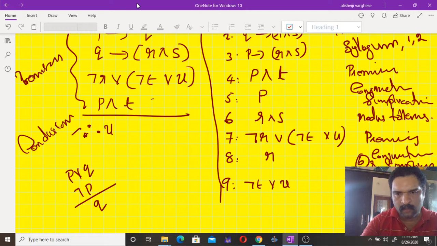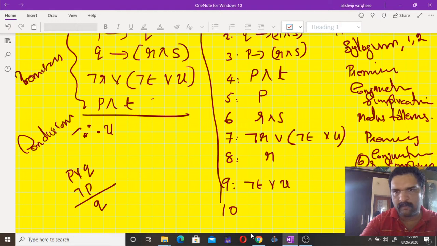So from statements 7 and 8, and using the disjunctive syllogism, we can conclude that negation T or U is true.